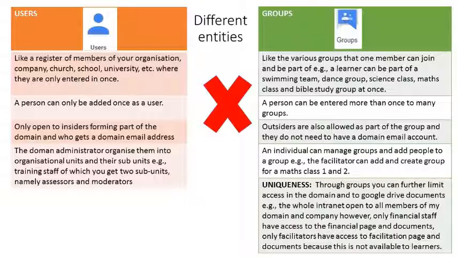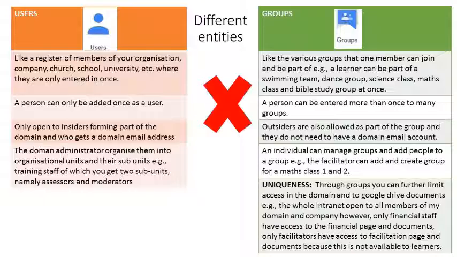However, the uniqueness of a group is that you can further limit access in the document, the domain, and the Google Drive, so that only certain groups can get certain documents, for example, access to certain pages on the website. Only financial staff have access to the financial page on the website.